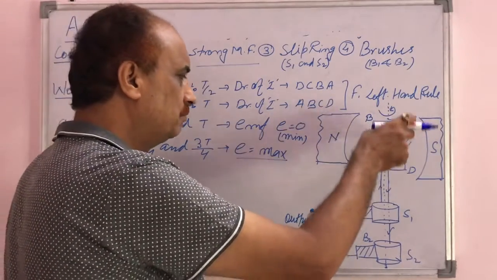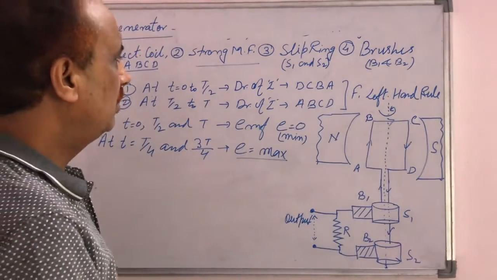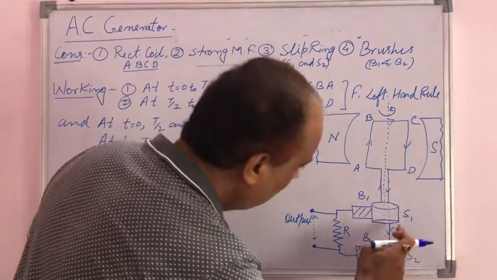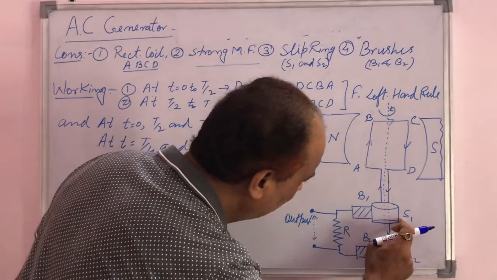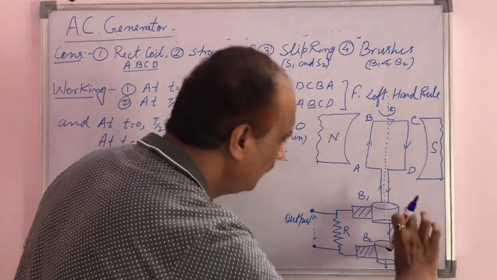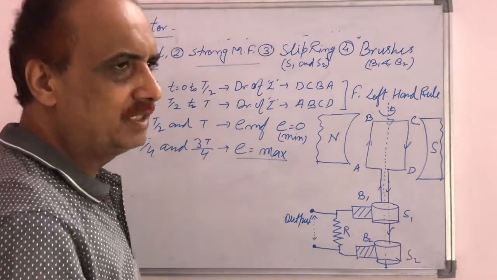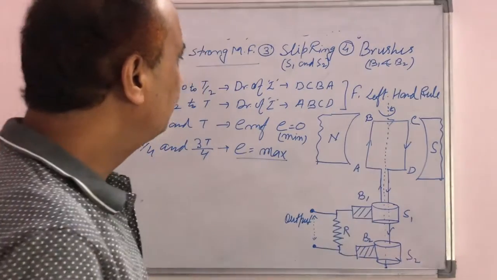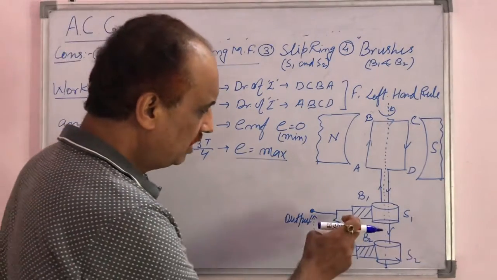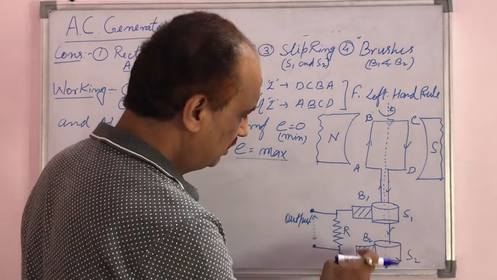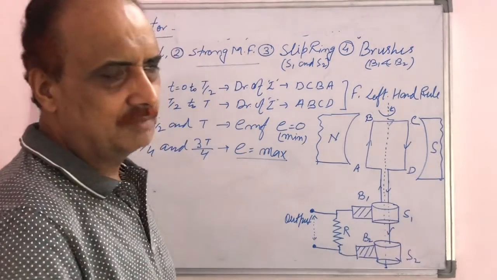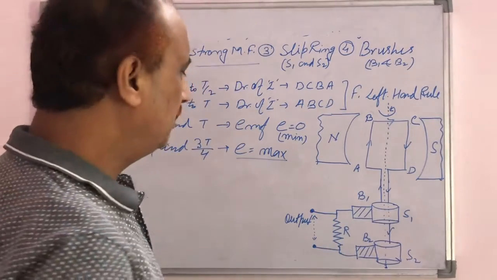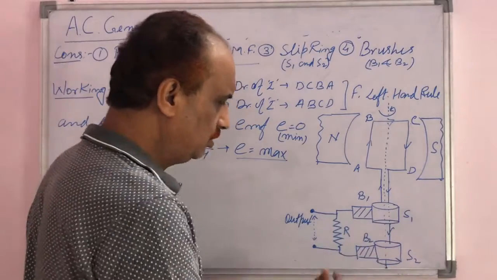coil is placed. Point number three is the slip rings. These are the two slip rings, slip ring S1 and slip ring S2. These slip rings have a movable contact with the armature. The fourth part is the brushes, metal brushes or maybe carbon brushes, B1 and B2.